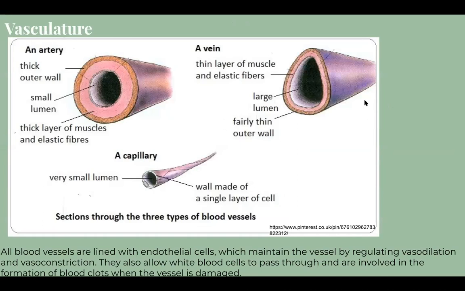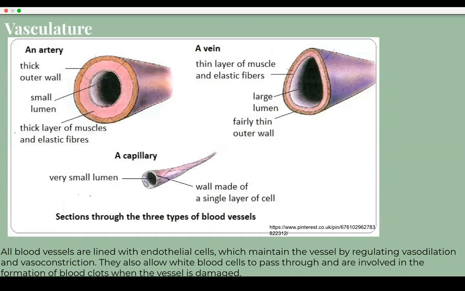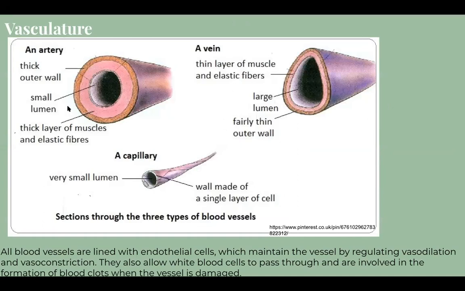And here's a cross-section picture of each blood vessel to give you a visual. So the artery has that really thick, muscular layer. Excuse me. And the veins do not.